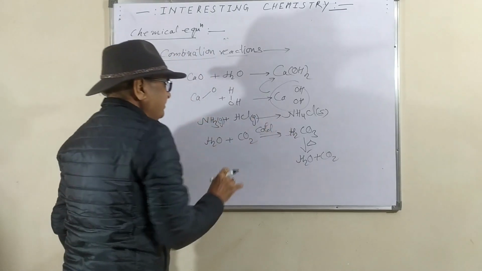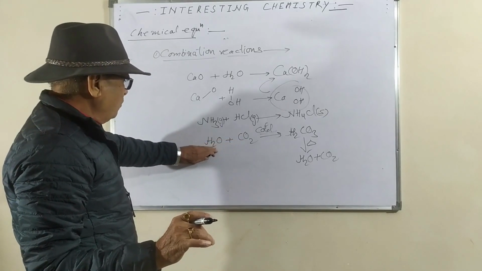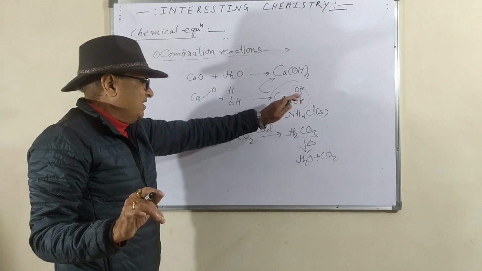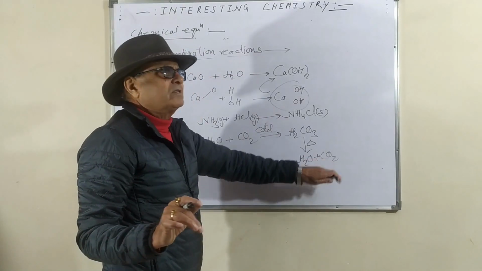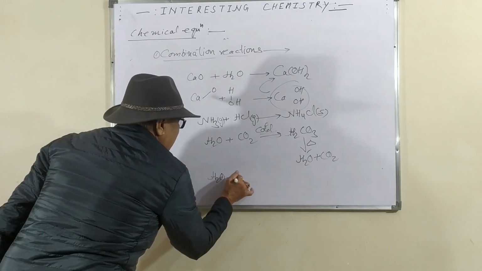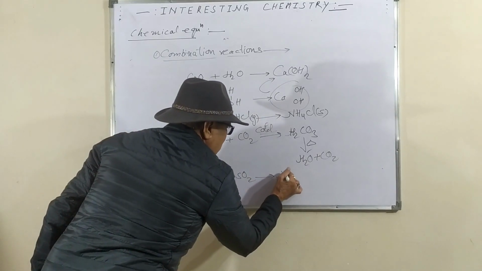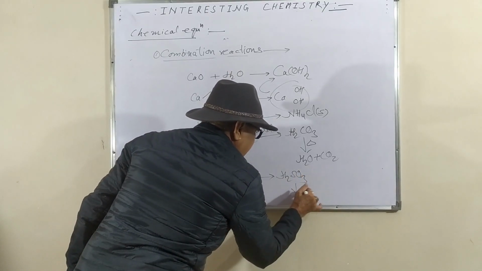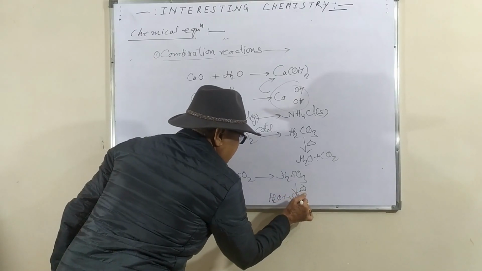When CO2 is passed through cold water, carbonic acid forms. When it is heated, it again dissociates into H2O plus CO2. In the same manner, H2O plus SO2 gives H2SO3, and when it is heated, it again dissociates into H2O plus SO2.